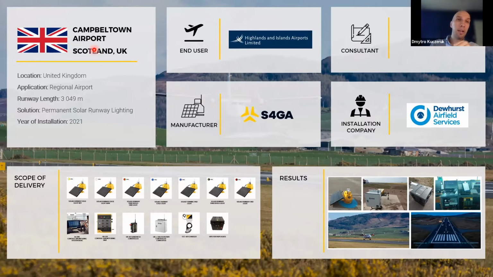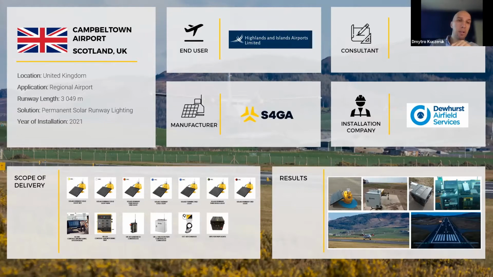The runway length is about 3,000 meters. We installed the system in 2021. I have to mention that the consultancy company, the designer, was RPS, and particularly Mr. Massimo Degni. And the installation was perfectly executed by our representative in the UK, Devhurst Airfield Services company.